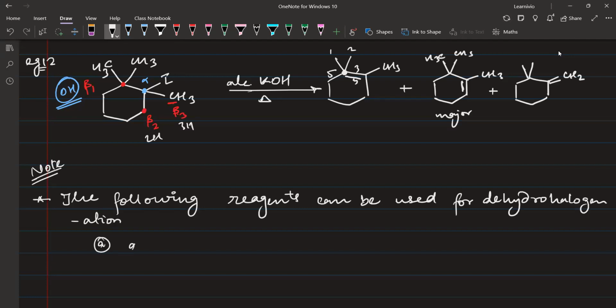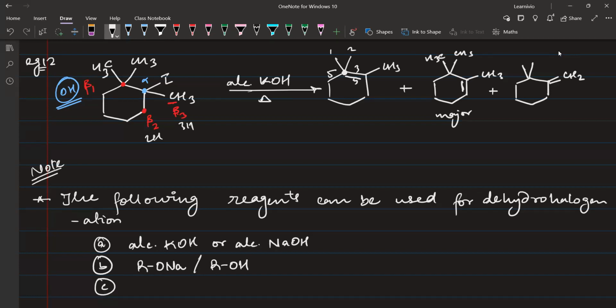What are the things? We can use alcoholic KOH, okay, and alcoholic NaOH. Both are the same thing. Okay, here also OH negative, here also OH negative is coming. Then you have RONa in the presence of alcohol. You have alkoxide, sodium alkoxide in the presence of alcohol. C, what you can use is sodium amide, NaNH2. Sodium amide.